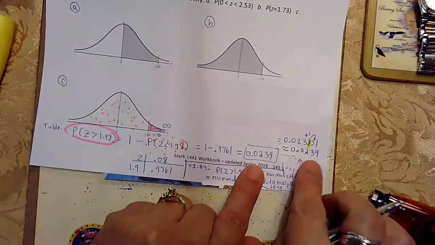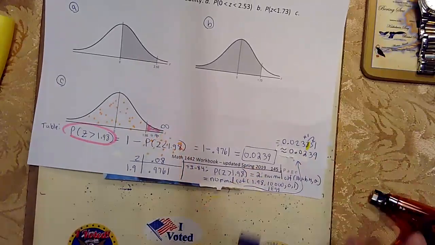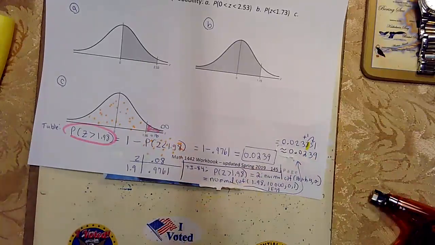Okay. So this is using the calculator. This is using the table. And you're using the complement idea.